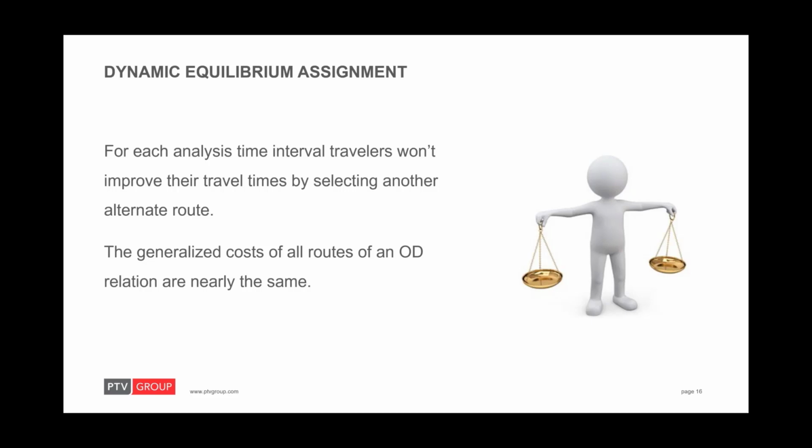Again, the generalized costs of all routes of an OD relation or an OD pair will typically be quite close when you're about converged in a traffic assignment. And this applies in case of simulation-based assignment as well. Again, this then extends to each time interval that's evaluated. So the general idea of equilibrium is not different from the static assignments. It's just that it's extended further in the time dimension.